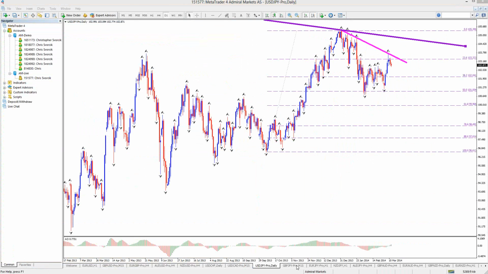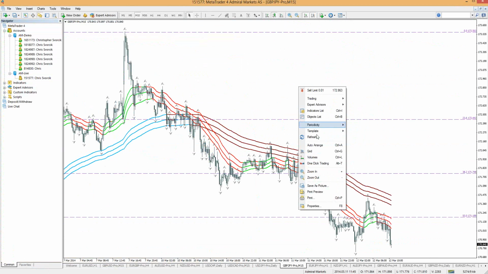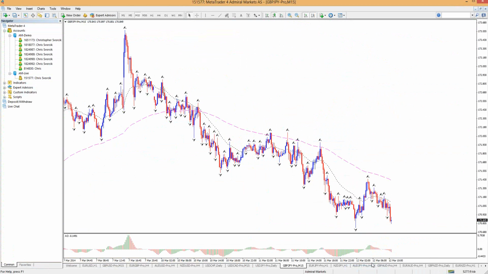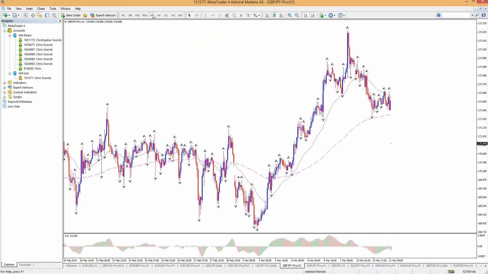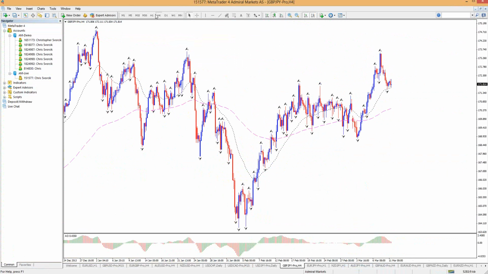Let's see. Let's take a look at pound yen maybe, and euro yen. Pound yen correcting quite a lot.